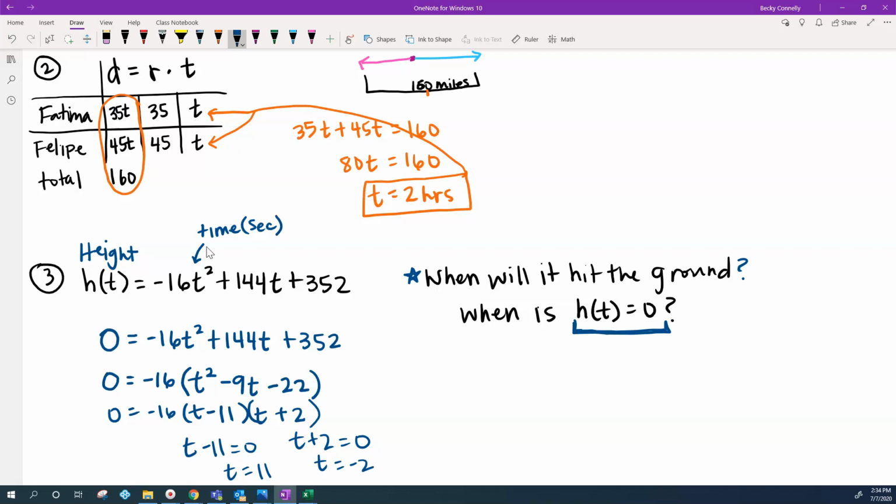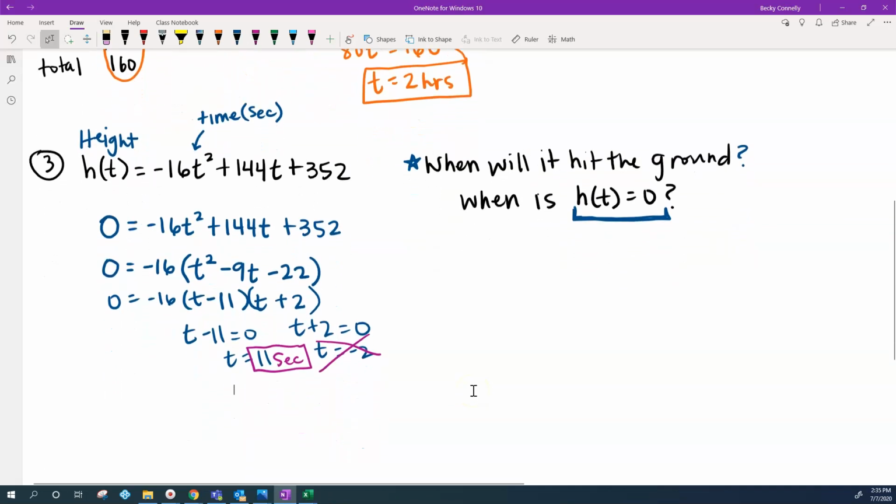That doesn't make sense, that the rocket's going to hit the ground 2 seconds before it takes off. So that one we have to disregard. It's an extraneous solution.